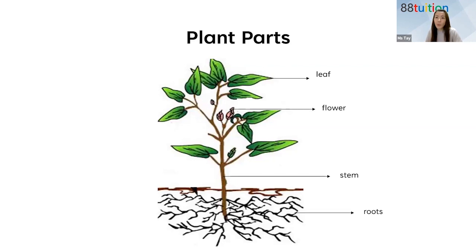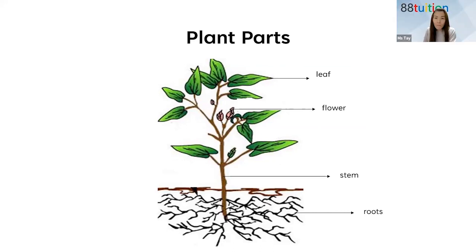I'm not going through the life cycle of plants. Do we know the life cycle of plants, everybody? Yes, right? What do we start with? We will start with the seed. After the seed has germinated, it will form roots.